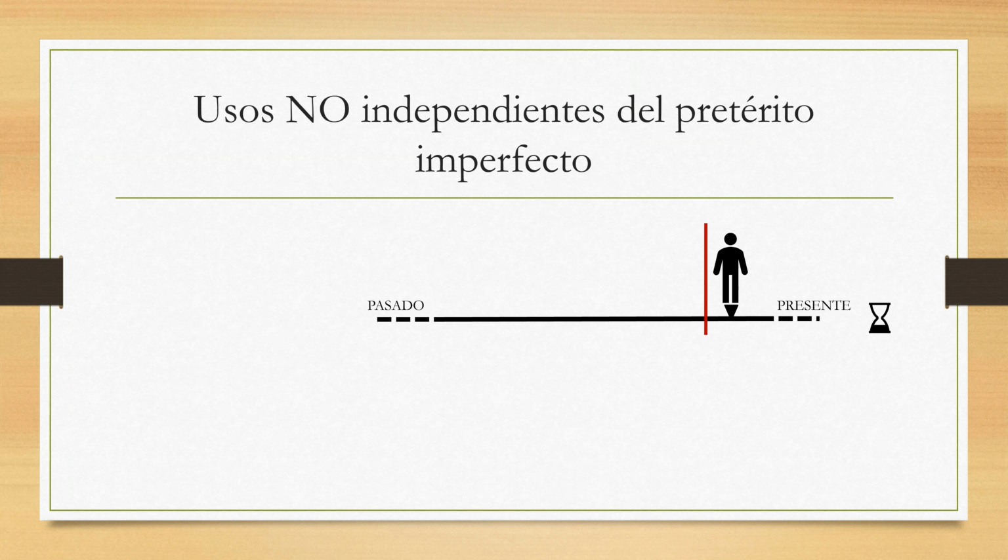Now, besides comparing habits or comparing how we describe people in the past and the present, we have combinations of the 2 past tenses. And this is the key. If you remember, we were doing quite some practice about it. And we will continue working with these 2 past tenses in Spanish 4.